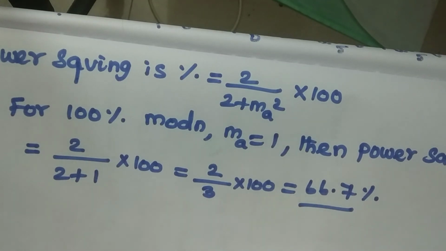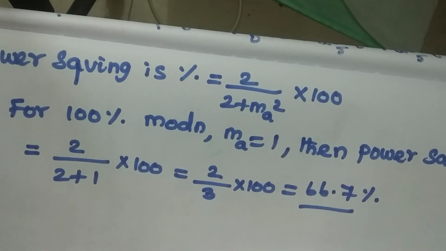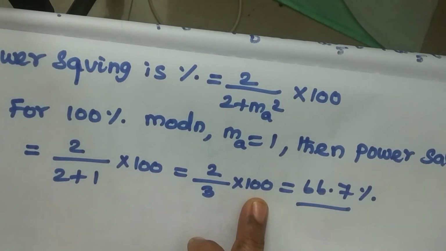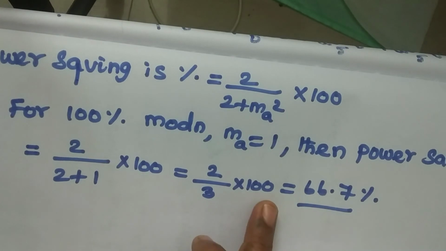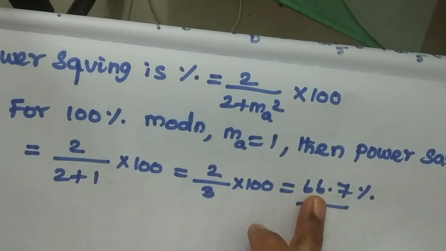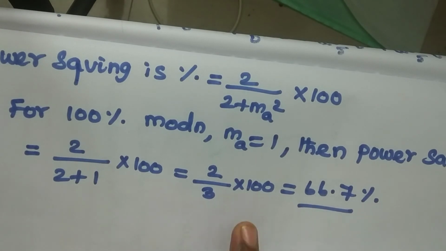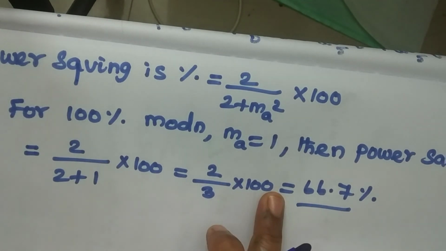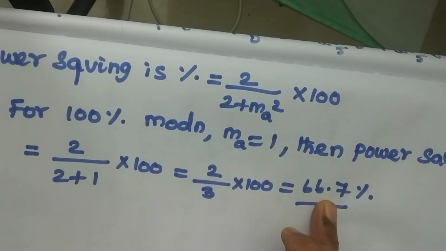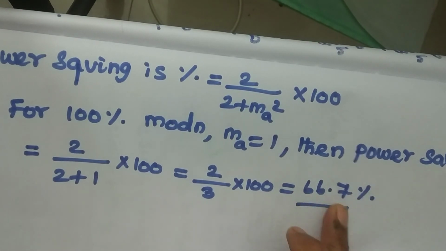In traditional amplitude modulation, the power efficiency becomes 33.3%. So in double sideband suppressed carrier amplitude modulation, power saving goes from 33.3% to 66.7%.